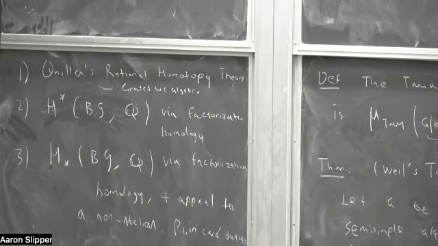One thing, is the mass formula supposed to be related to the Tamagawa number? Are there implications? Yes, so for unimodular groups, I think it basically is a special case.